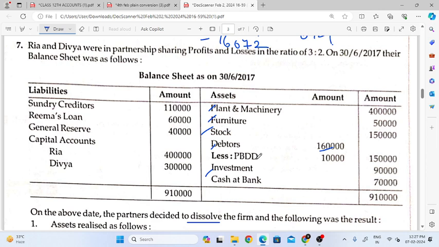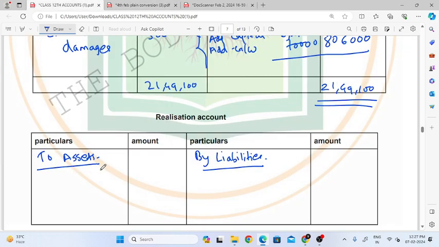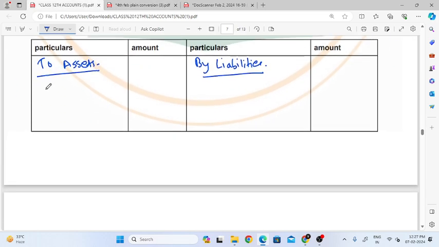So plant and machinery we got 4 lakh. Then we got furniture, then stock, debtors.